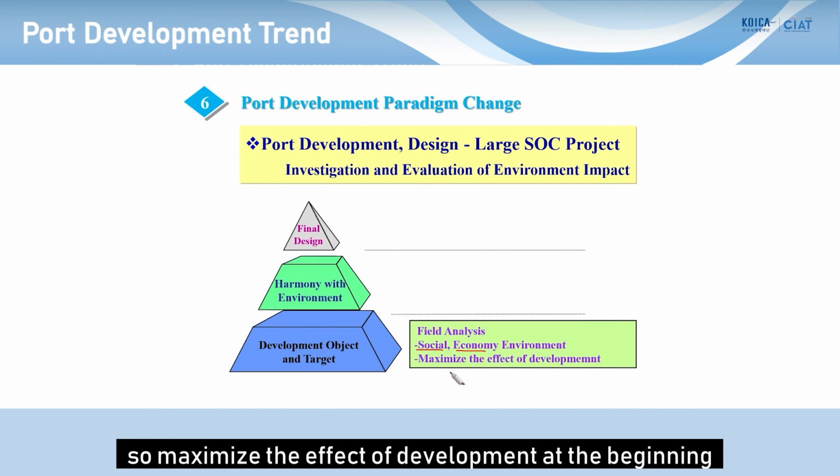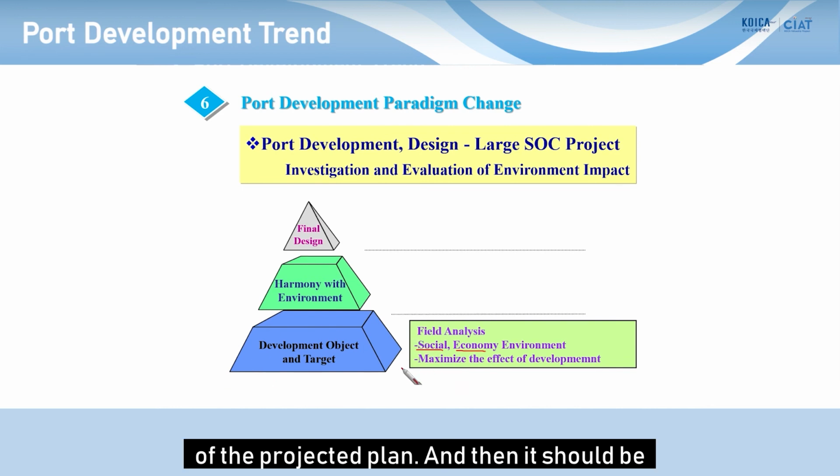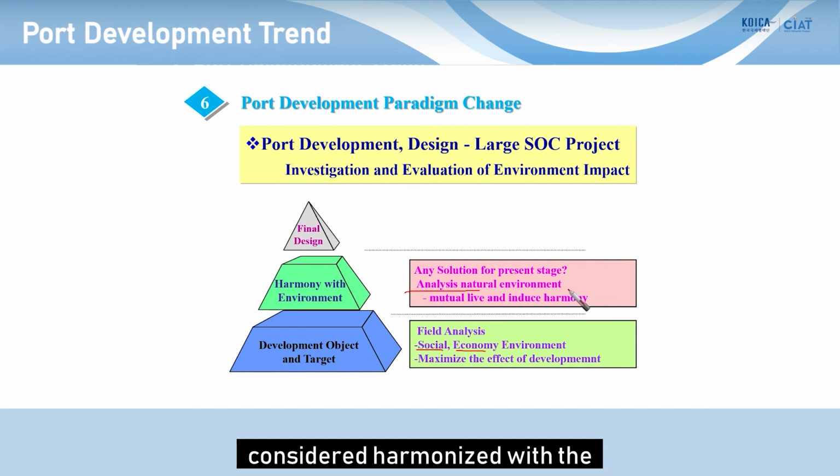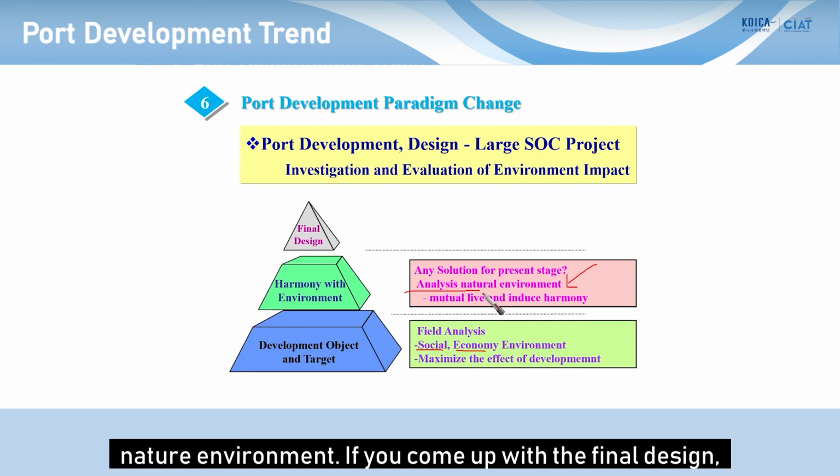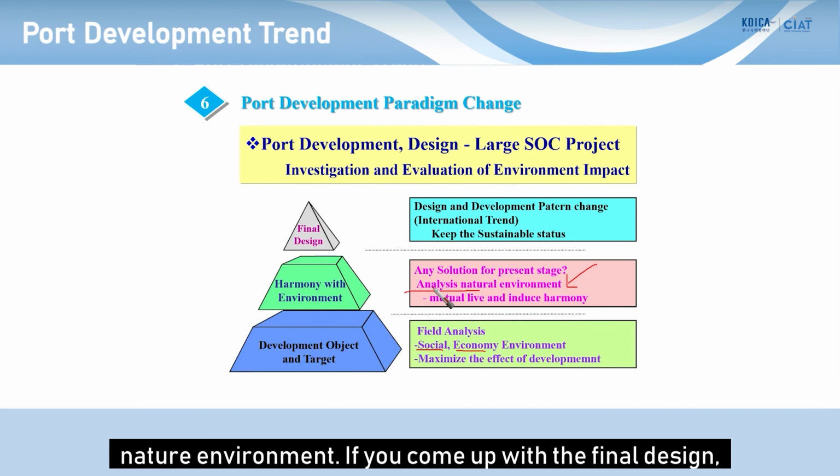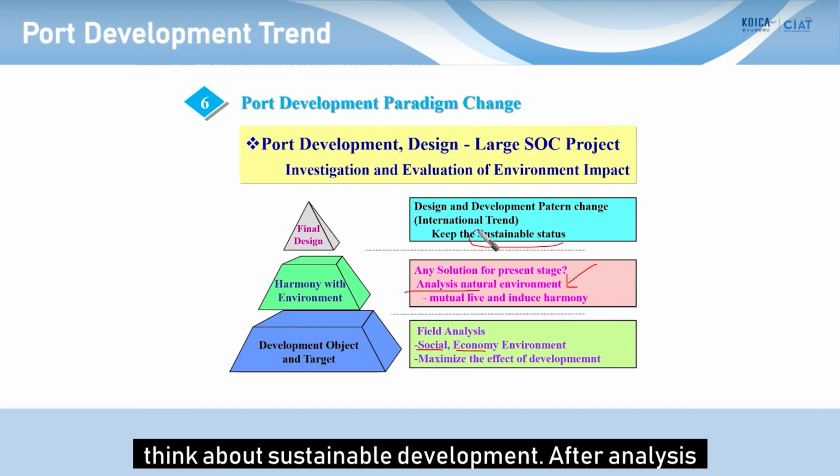So maximize the impact of development at the beginning of the project plan. And then it should be harmonized with the natural environment. When you come to the final design, we have to think about sustainable development.